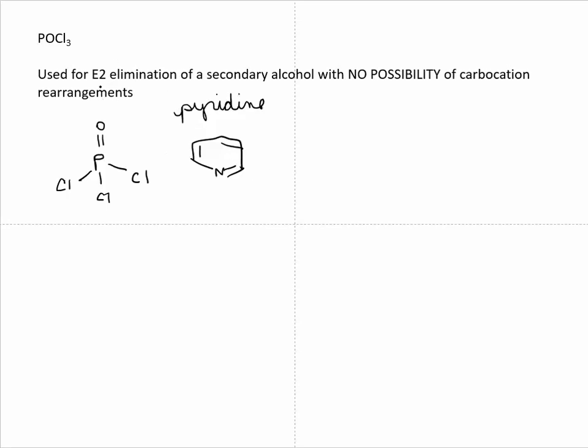No carbocation can be formed, therefore no rearrangement. So let me show you a mechanism of this. You don't really need to know the mechanism that much, but I'll show you what happens. The alcohol reacts at the phosphorus and pushes one of the chlorides away.